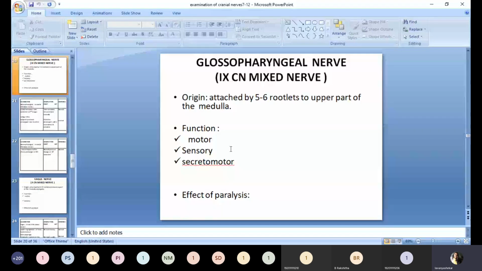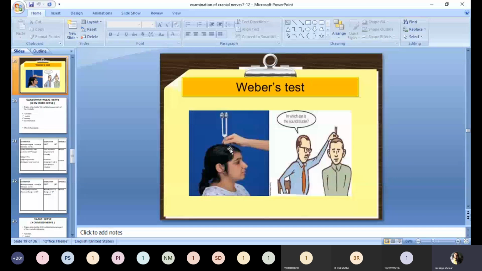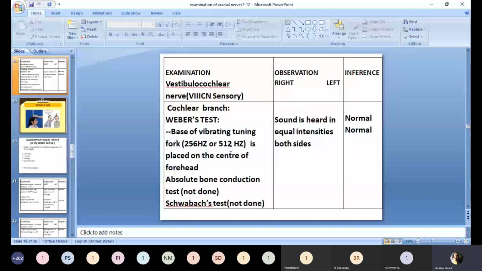So this is how we are going to check for the vestibulocochlear nerve. Also there is something called Schwabach's test, which we are usually not doing. In this test also the bone conduction of the subject is compared with that of a normal subject. So here we take two different subjects, and the patient's bone conduction is compared with another normal individual, but we are not going to do it in the classroom setup.